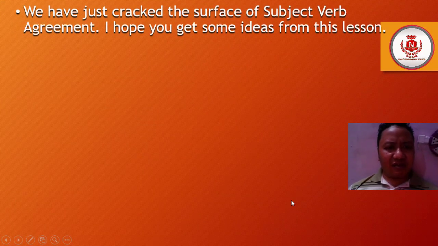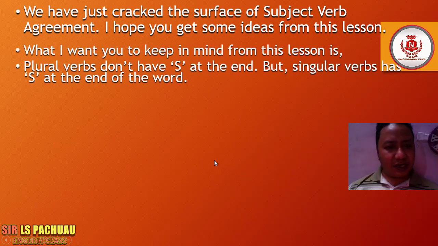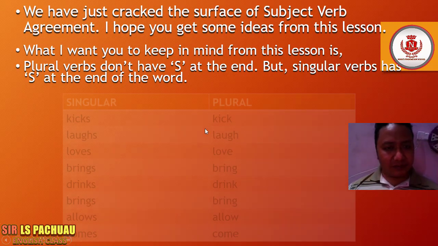So we have just cracked the surface of subject-verb agreement. I hope you get some ideas from this lesson. What I want you to keep in mind is that plural verbs don't have S at the end, but singular verbs have S at the end of the word.